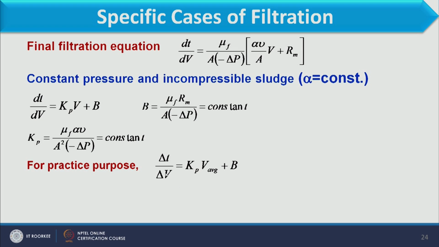For practical purposes, instead of dt we consider delta. So delta T by delta V is equal to Kp V average plus B.